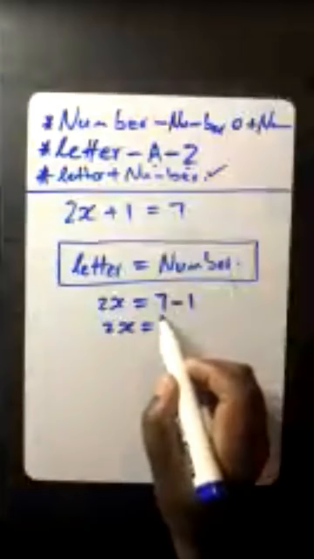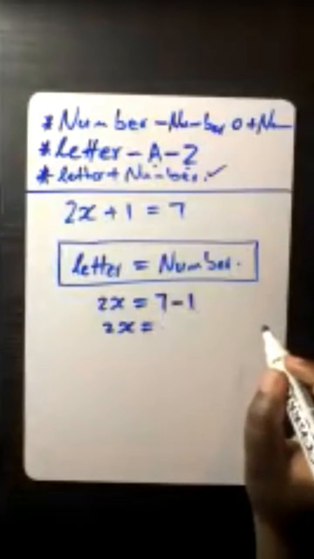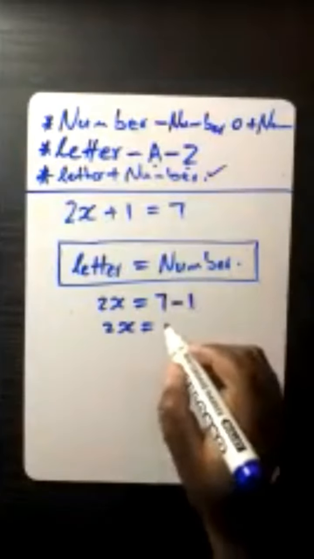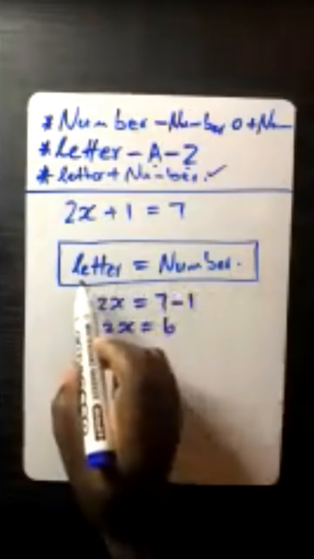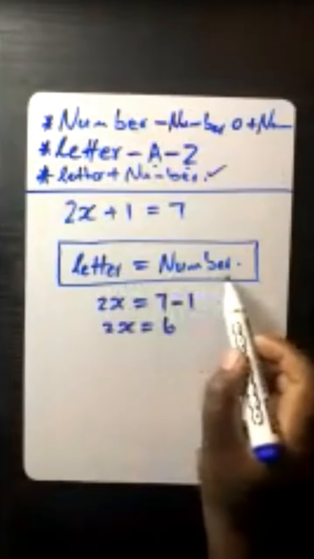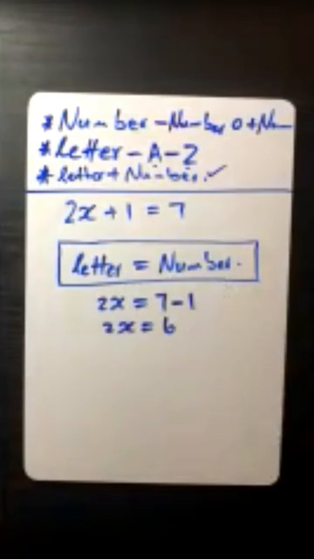So now let's simplify that part. What is 7 minus 1? It's 6. So now, obviously, because we want to have letters on the left and numbers on the right, that means we need to remove that 2. Can you see? Yes, sir.